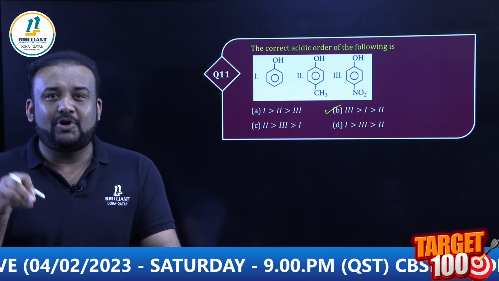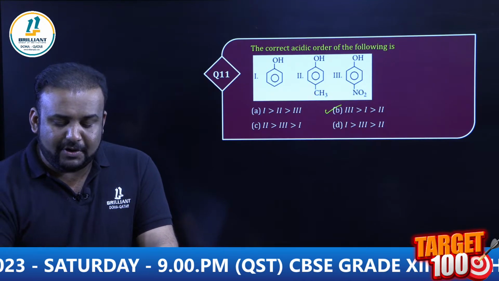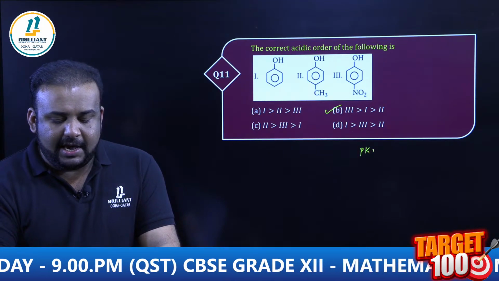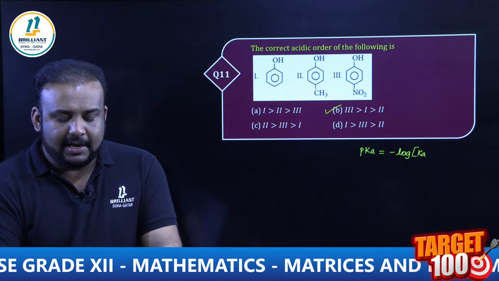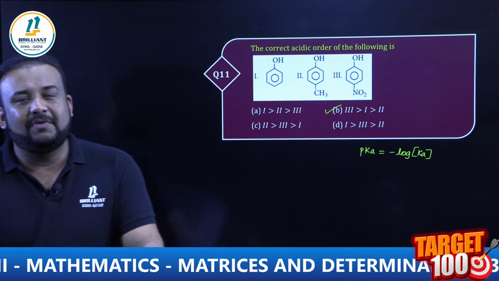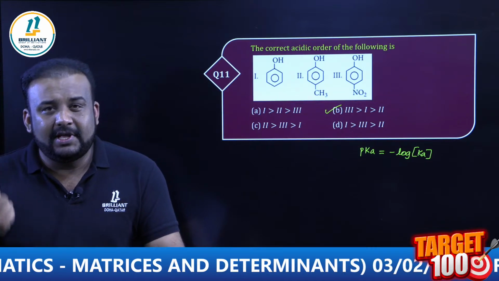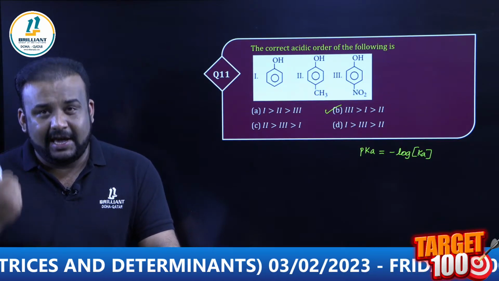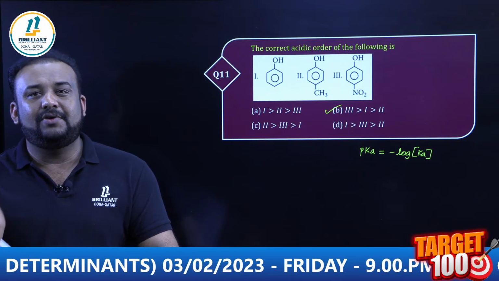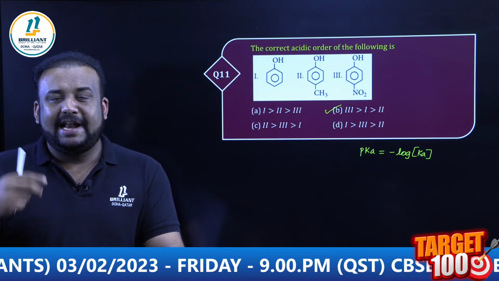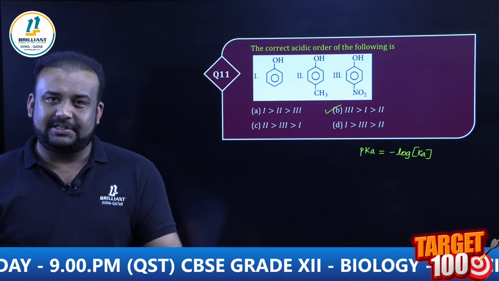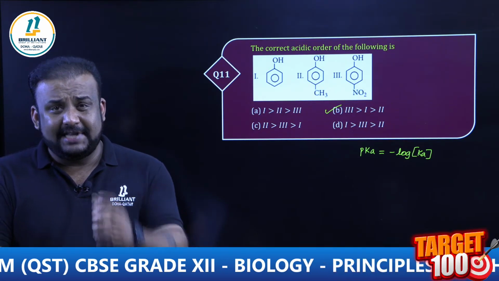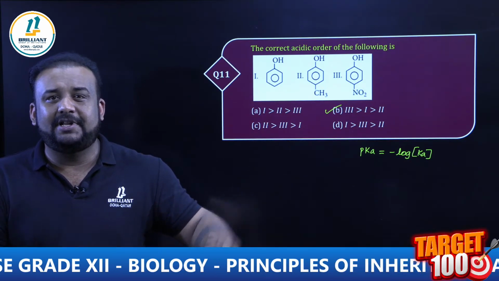But if they are asking about pKa, every one of you knows that pKa is equal to negative logarithm of Ka. What does that mean? More the value of Ka, lesser will be the value of pKa. That means an acid which has the highest value of pKa will be the weakest acid. Is that clear? The same is applicable in the amines chapter as well.